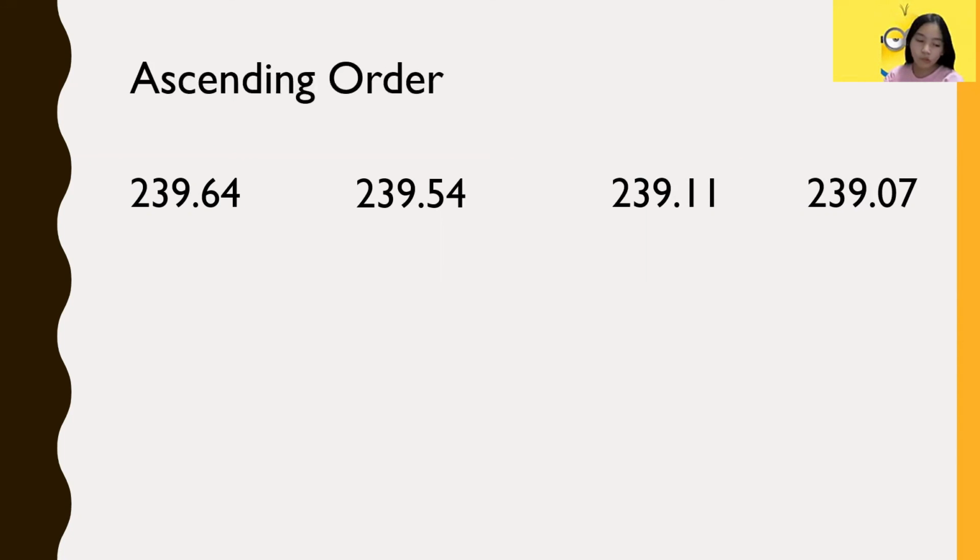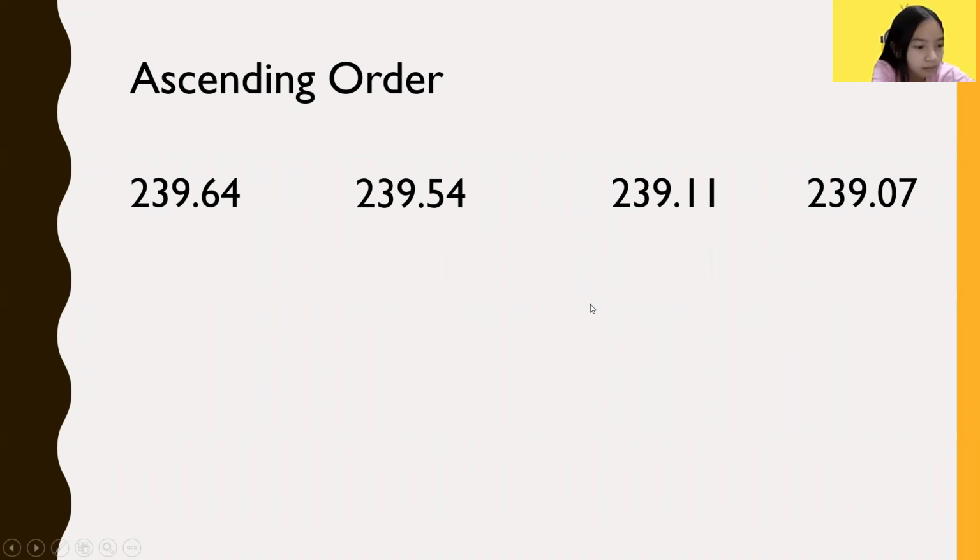Ascending order. If they have the same whole number, you can just tell me their decimal numbers. 39.54. You can say 0.64, 0.54, 0.11, 0.07.